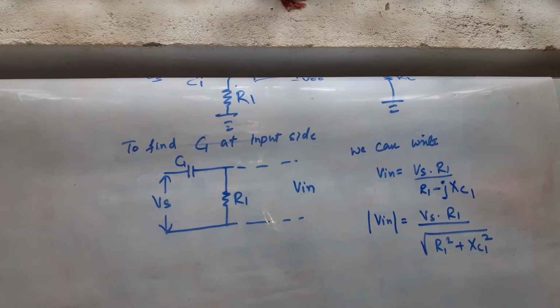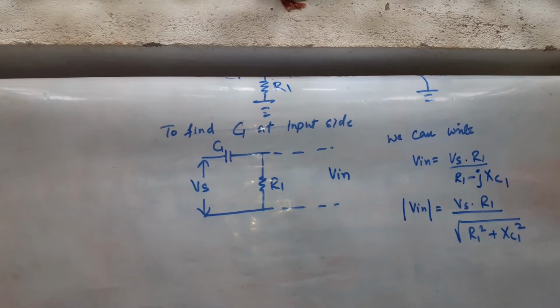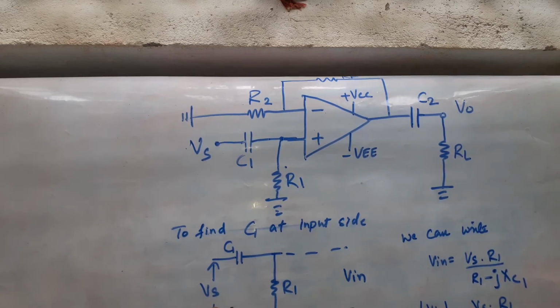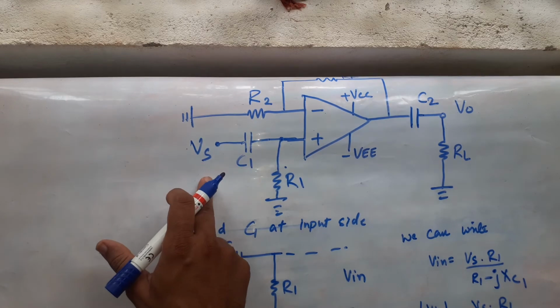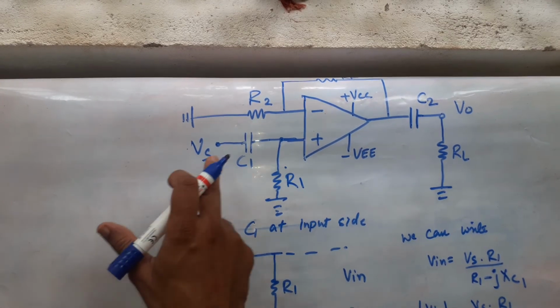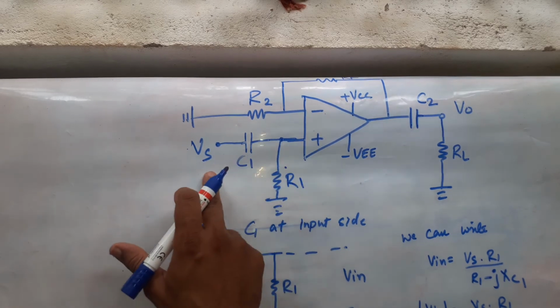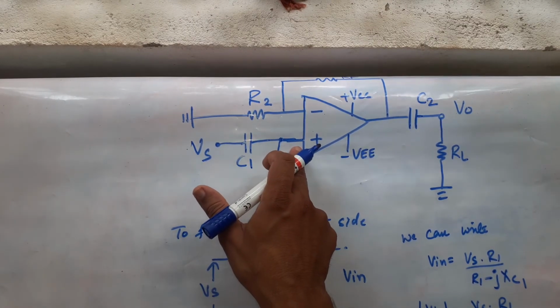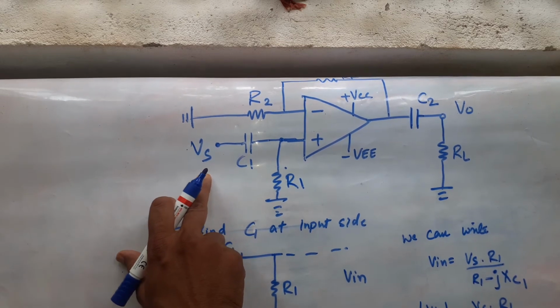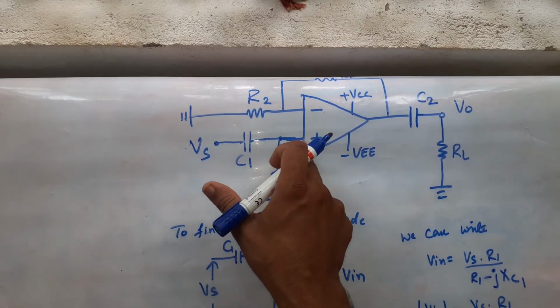Now what I want is, if we apply this as input Vs, we want everything to reach the input. That is, Vs should be equal to Vin, right? Everything should reach till our input side.